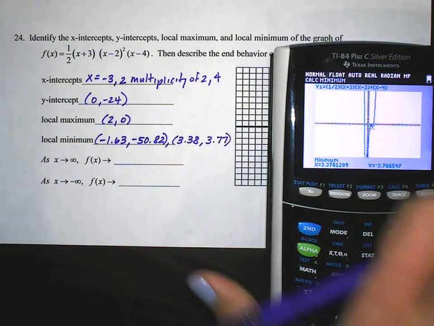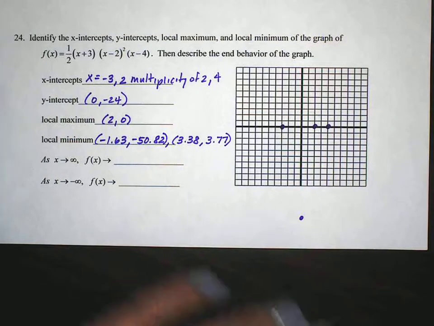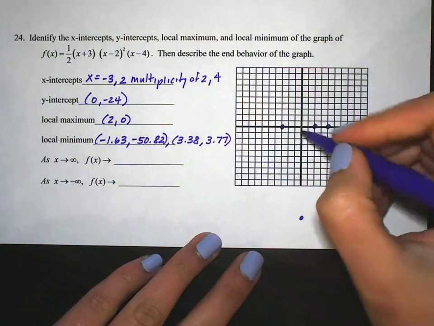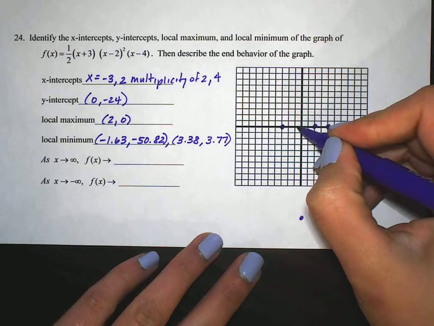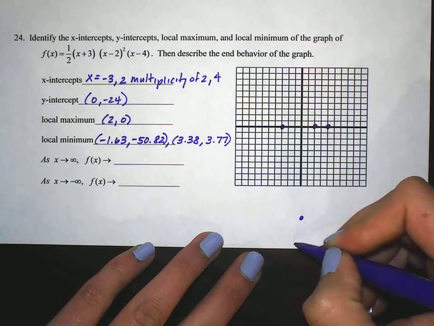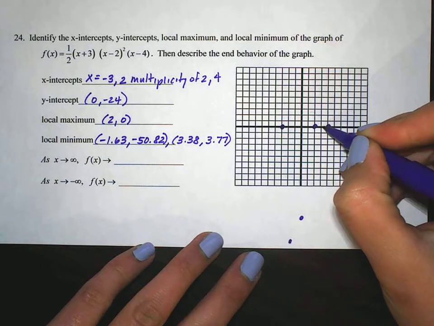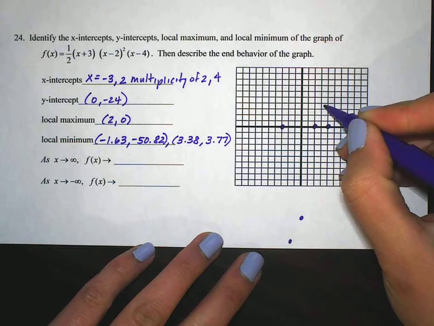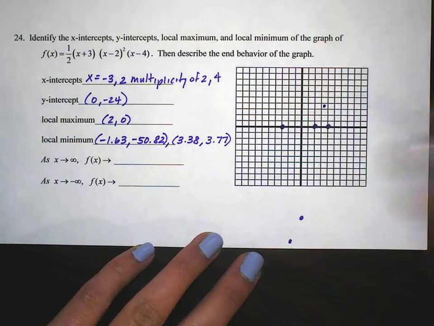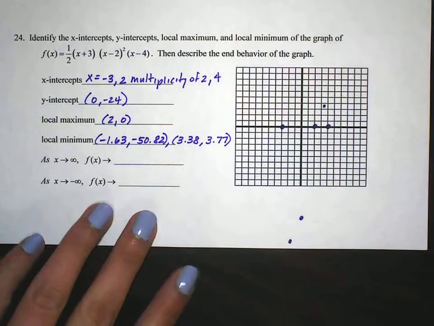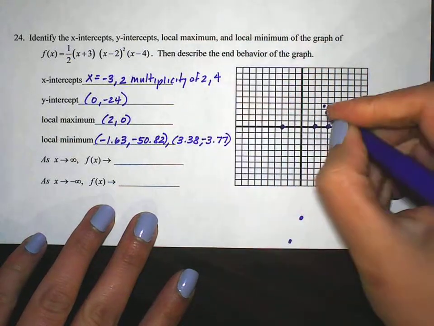Okay, so we have a few things that we can plot. There's my maximum. Negative 1.63, negative 50 is all the way down here. 3.38 and then negative 3.77. I'm sorry, is that negative or positive? Negative 3.77. So that's a huge difference.